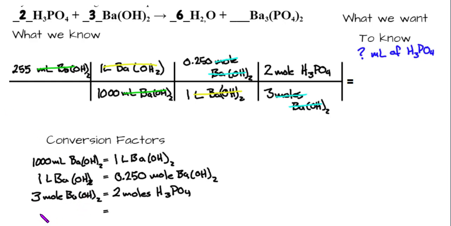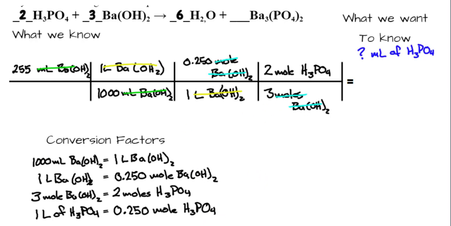And so for every 1 liter of H3PO4, I'm told that I also have 0.250 moles of H3PO4.